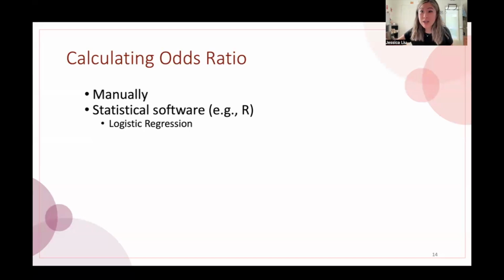That would be a continuous number, like 1, 2, 3, 4, 5, all the way up. And then you would get a relative risk, which is similar to an odds ratio, but not the same. There are other ratios that you can use to calculate risk, and an odds ratio is just one type of those risk ratios.